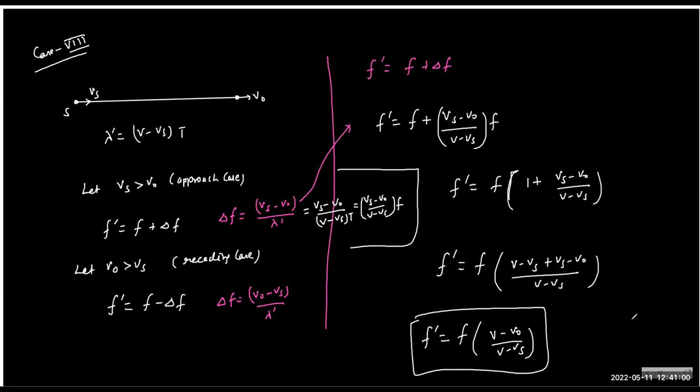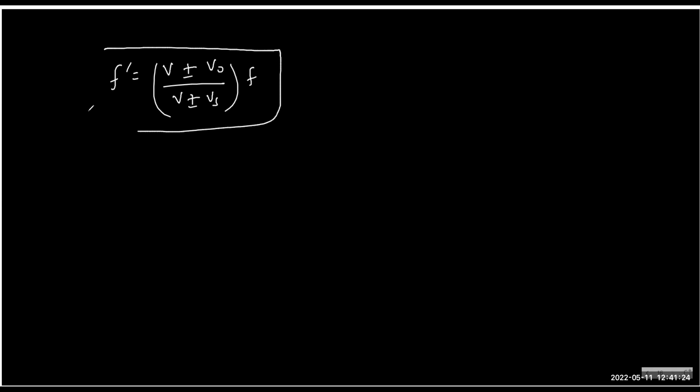All right. So if I combine all the formulas together, then F dash you can write in one go as: the source always comes in the denominator and the observer is in the numerator, and it's always easy to remember.